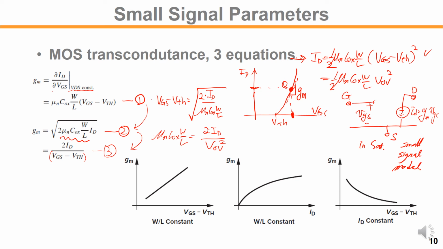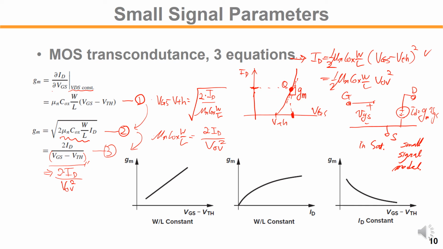We plug that into the second, then we get this equation, rewriting in overdrive voltage, 2ID over overdrive voltage. So these three equations represent the transconductance. It is very important to remember all these three relationships.